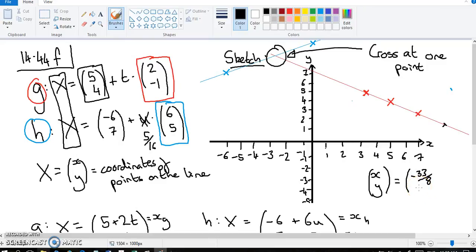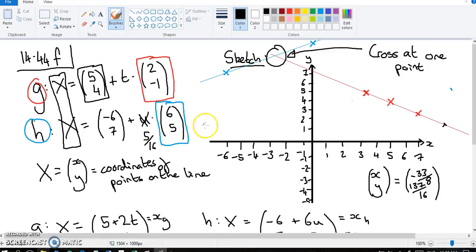And for y, I get 7 plus 5 over 16 multiplied by 5, which gives me 137 over 16, which is just over 8. Which also looks about right from my sketch.